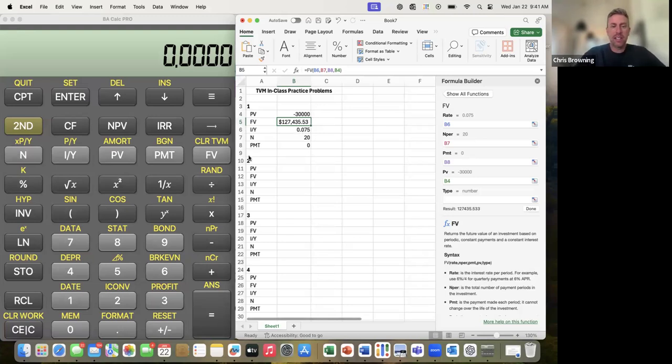Okay, let's do the exact same problem in our calculator. Now, our calculator works a little bit differently, okay? The reason I like to do this in both formats is because I think Excel is really, really friendly to practice, right?